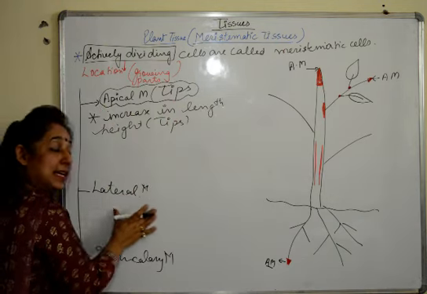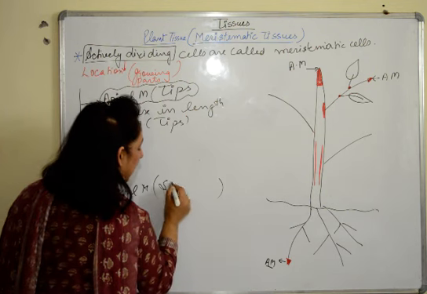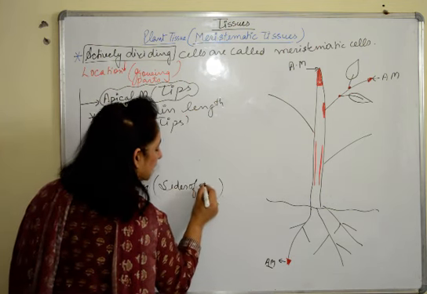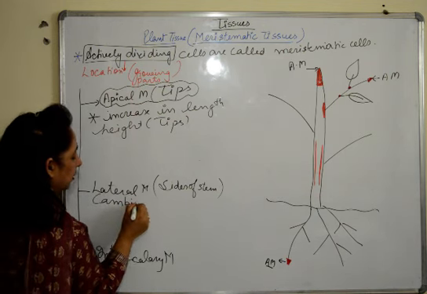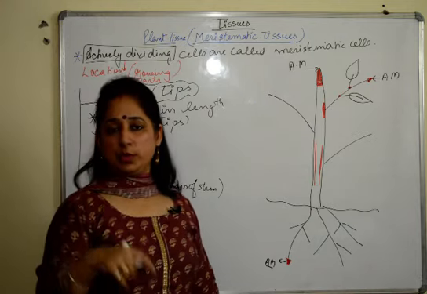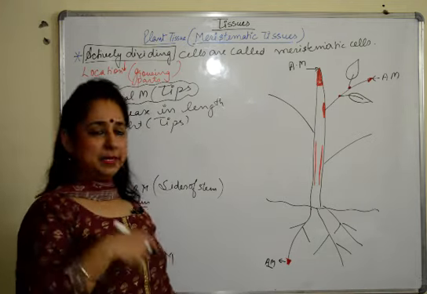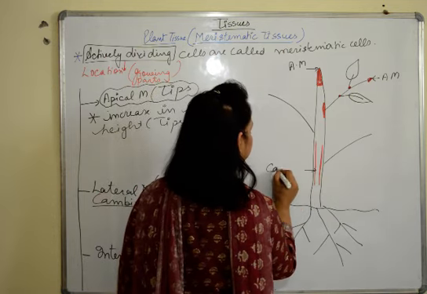Second is lateral meristem. It is present on the sides of the stem, and I told you it's also known as cambium, because somewhere or the other they sometimes ask you where is cambium present. So if you don't remember that it is lateral meristem, it will be difficult for you. So where is cambium? This is cambium.